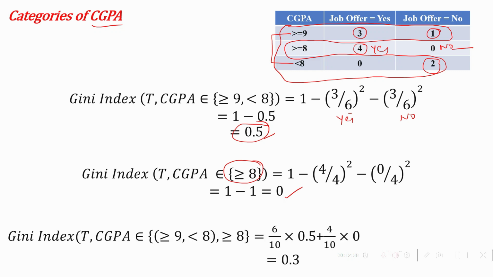Now we are going to combine all the values. So Gini index of target variable CGPA with respect to greater than or equal to 9 and less than 8 is one subset, this is S1, and S2 is nothing but this one.